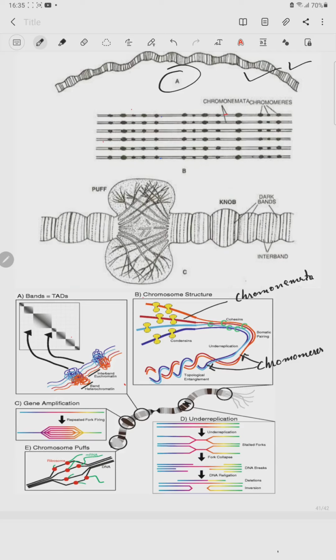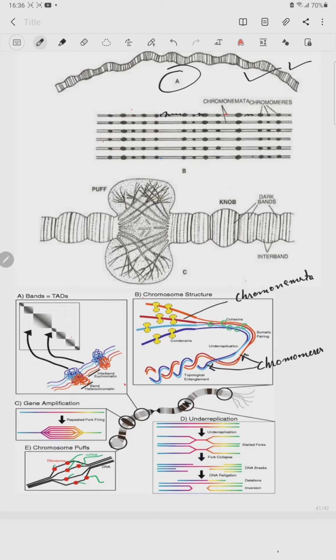This results in side by side alignment of these DNA molecules, and these DNA molecules are themselves highly coiled and result in the formation of chromonemata.